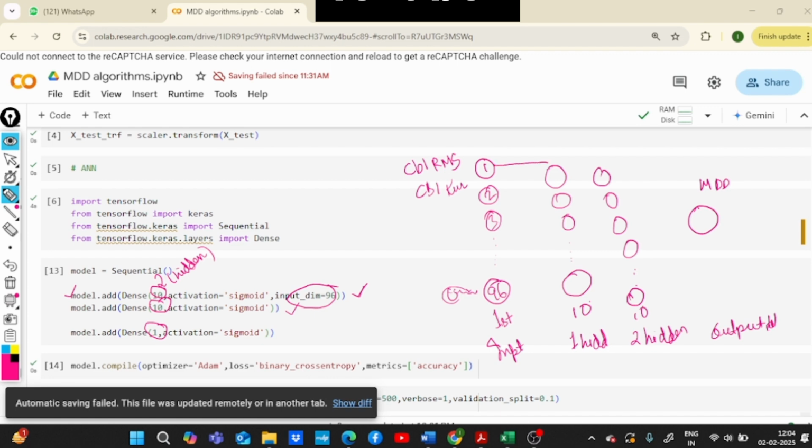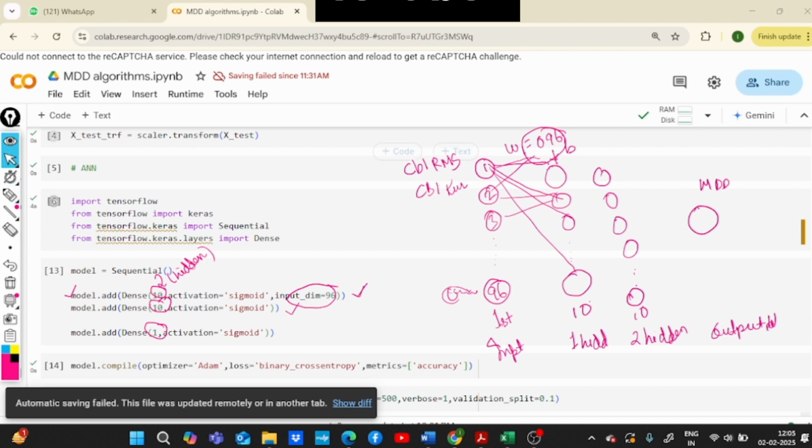This is how you get the connections from here to here, like this. On every line you will be having one weight, for example say 0.96, and on every circle you will be having one bias as well. So this is how the connections are made. In every iteration, it will go back by backward propagation and change these values. This has been explained already, so I will not repeat it.